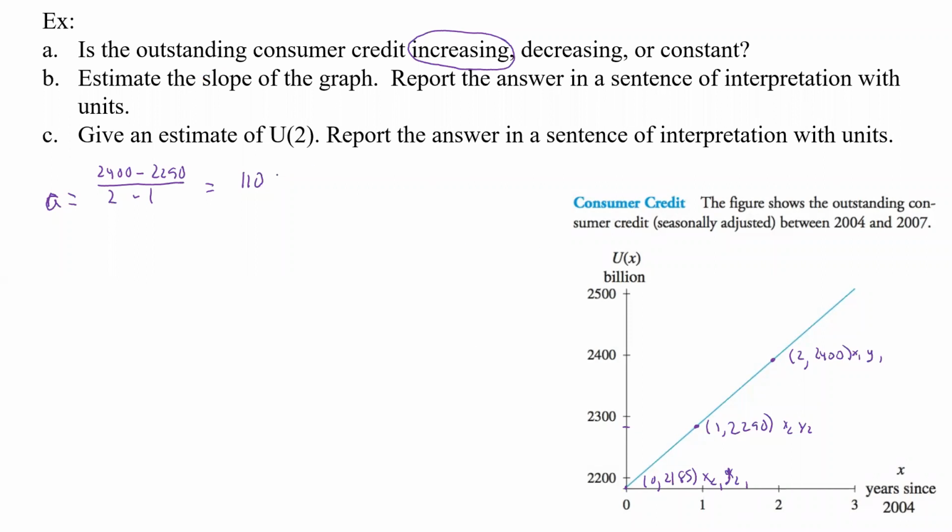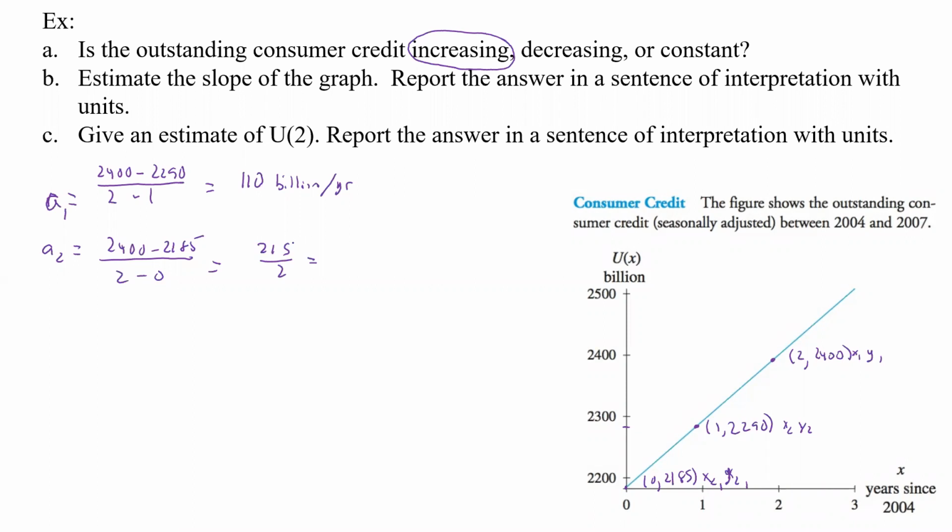Billion per year. Okay, so that's roughly our guess with that one, and we'll call that estimate 0.1. Let's do 0.2. Again, we're going to do 2400 minus 2185, and we'll do 2 minus 0. So 2400 minus 2185 is 215 over 2.